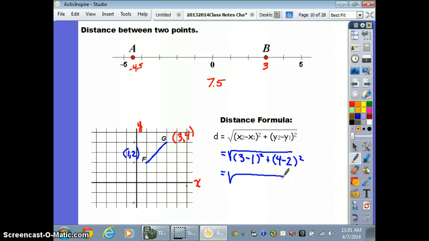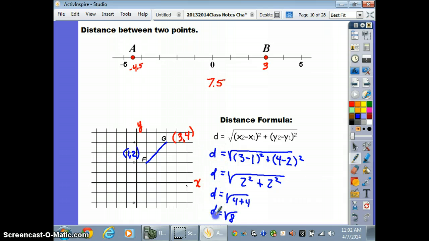We got that square root symbol like we did in the Pythagorean theorem. As a matter of fact, this is the hypotenuse of this triangle. This leg's 2, this leg's 2, see? And that's the hypotenuse. There's the right angle. So we have 2 squared plus, and then 4 minus 2 is another 2 squared. So it's the square root of 4 plus 4, or the square root of 8. That's what the distance is.